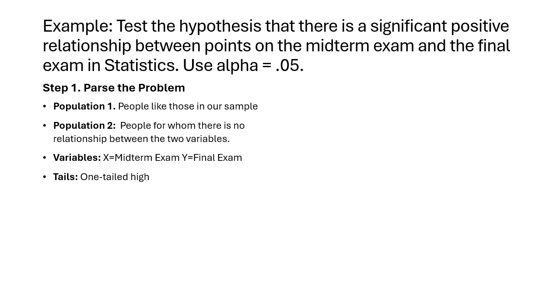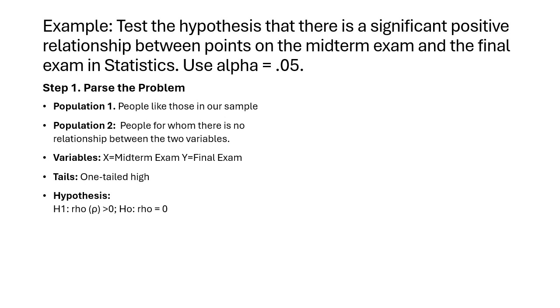It's one-tailed high, and I can tell because of this word positive relationship. I have the hypotheses here stated in abbreviated form, but you could also write them out. So H1 in the abbreviated form, we're now not using the mean anymore, we're using the correlation, and we name that in Greek terms as rho, which is this p-looking symbol.